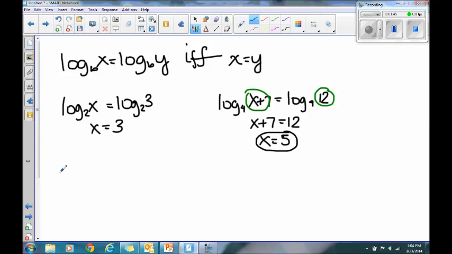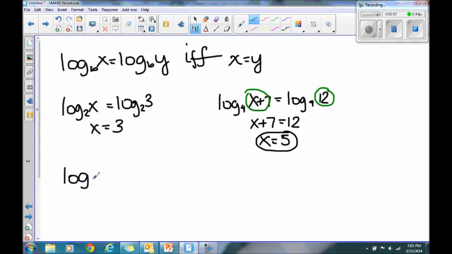Now, of course, when we're solving equations, they aren't always going to be that short and sweet. Let's keep something small for a little bit longer.